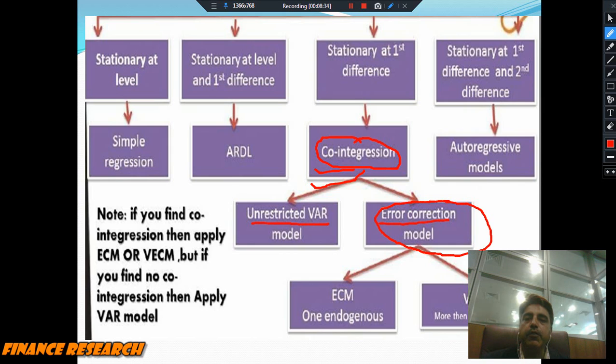If there is no co-integration, then you can apply some other tools and techniques. For example, if you find co-integration, then apply ECM or VECM, the vector error correction model. If you find no co-integration, then you will go for the vector auto-regressive model, VAR. This is what researchers do in order to find out the relationship among the variables.